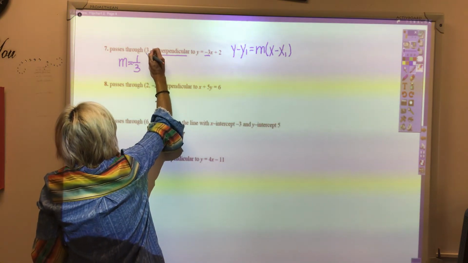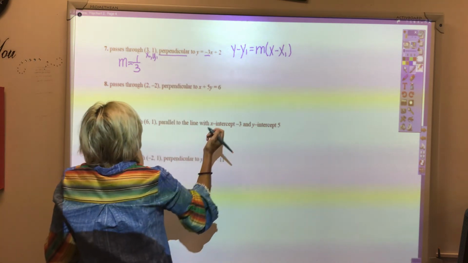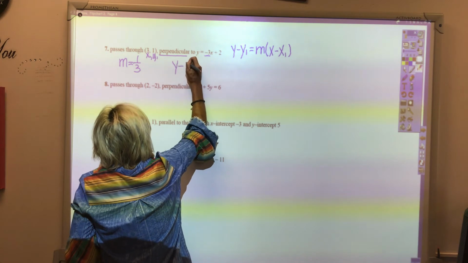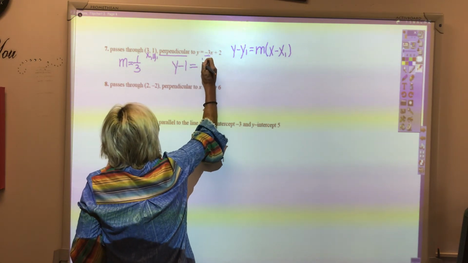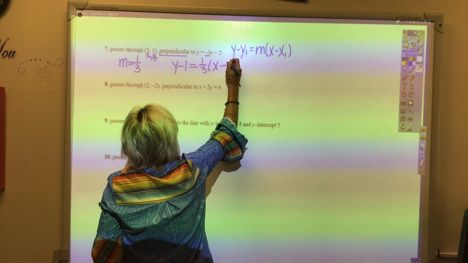The point 3, 1 we're going to label as x1, y1.